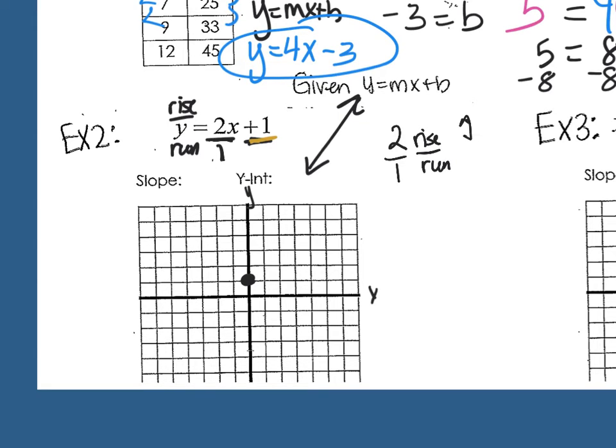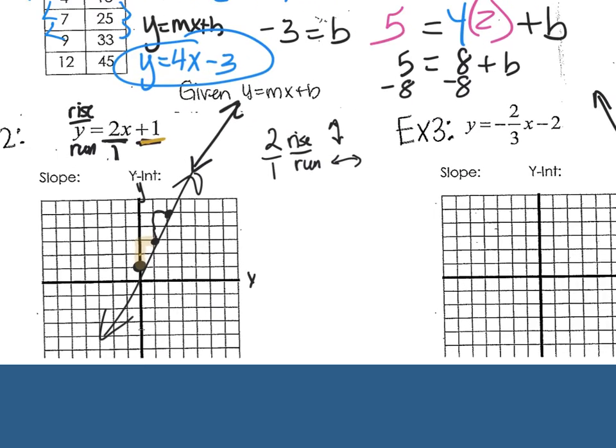My vertical change to my horizontal change. So from that +1, I'm going to use that slope and I'm going to go up 2. So I want to go up 2 and over 1 and make my new point. Okay, up 2 and over 1. You can draw a line, maybe better than mine, through those points.